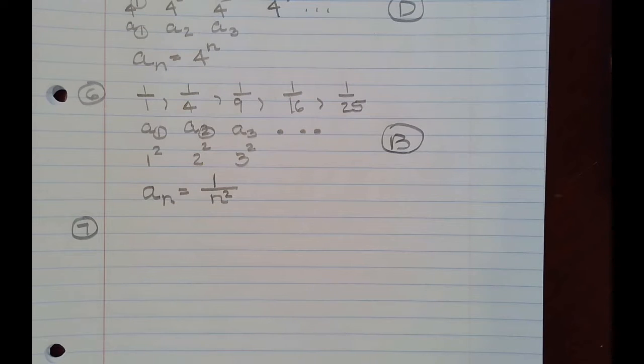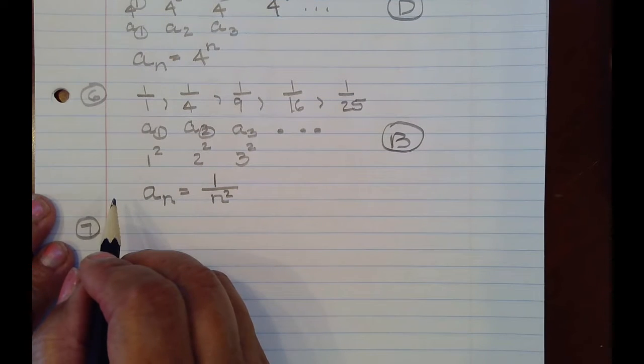Okay, moving on with number 7. Let's see what they want in that problem. I don't know if the directions changed or not. Yeah, it says the sequence is defined recursively. Write the first 4 terms.